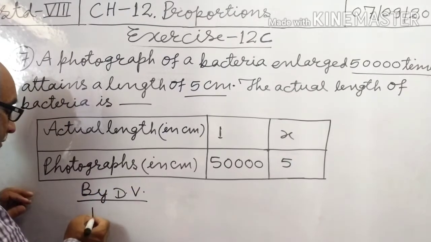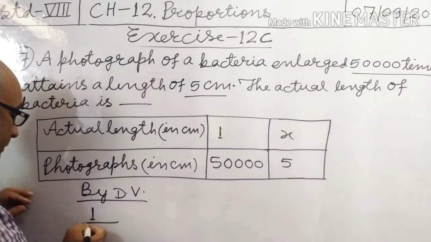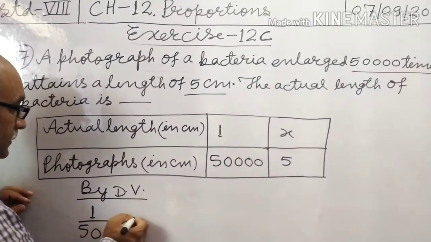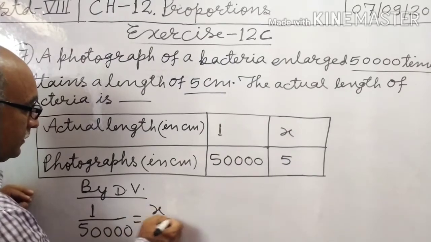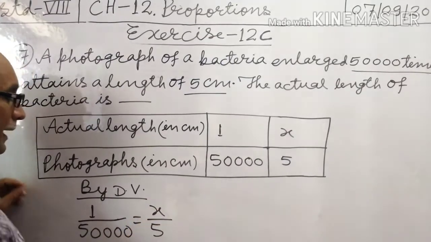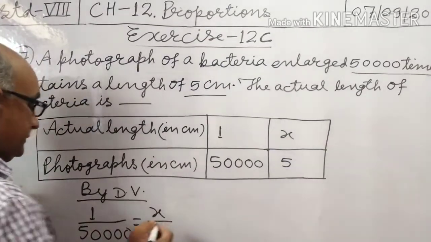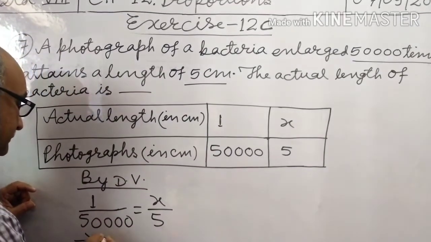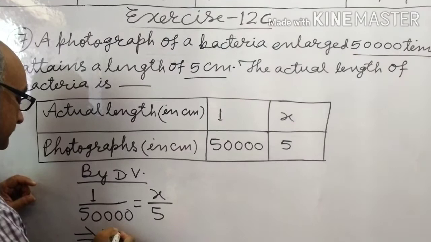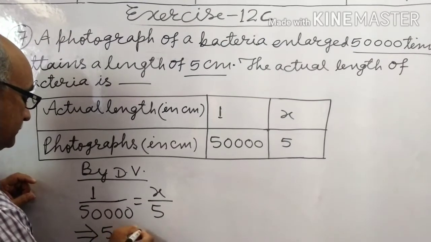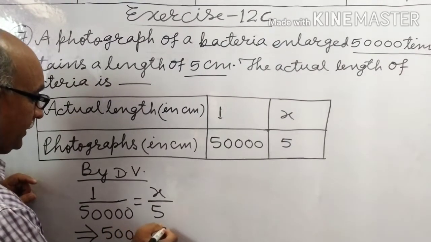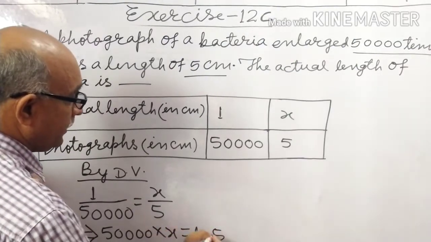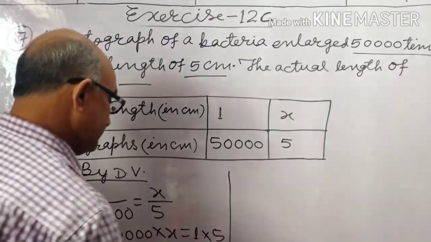By direct variation, 1 by 50,000 equal to x by 5. By cross multiplication, 50,000 into x equal to 1 into 5.